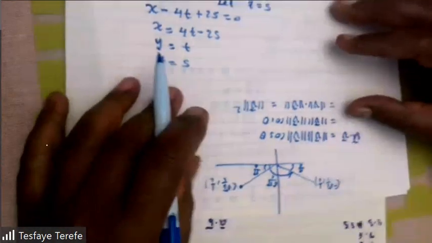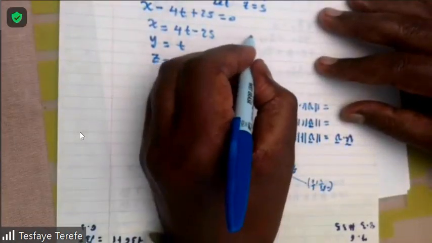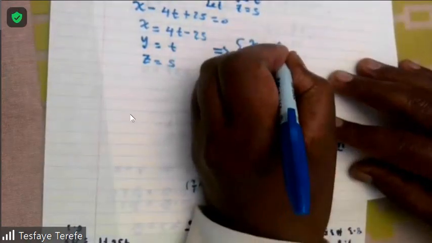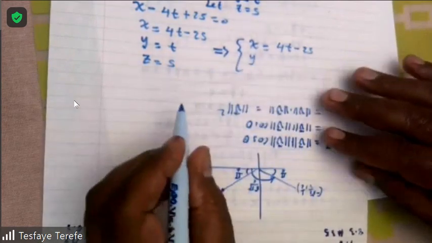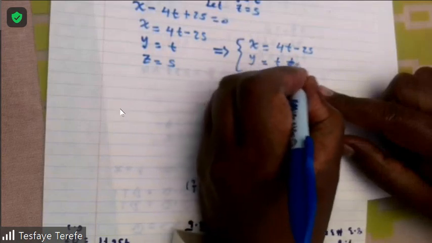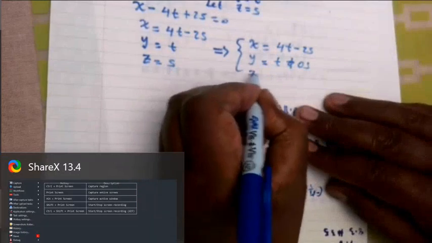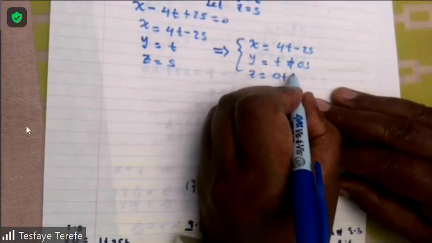I can do that. Then x is equal to 4t minus 2s, y equals t plus 0s, and z is 0t plus s.